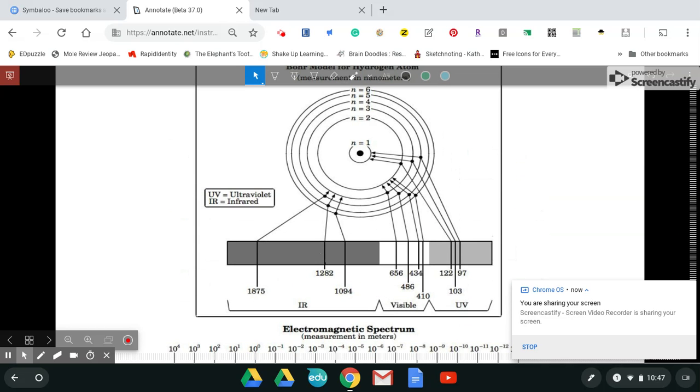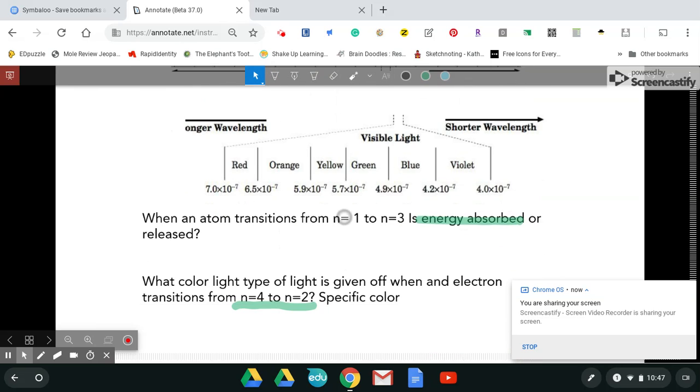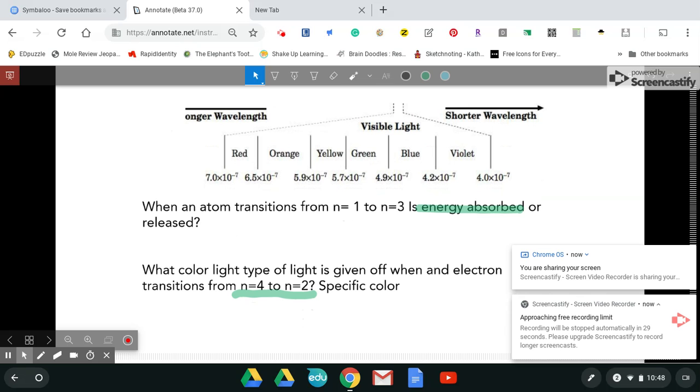If I'm at N4 and I'm dropping to 2, you've got to remember what I said. If we fall to 2, we're going to give off some form of visible light. And 4 to 2, and this is just a memorization thing, 4 to 2, you're always going to give off the color green.